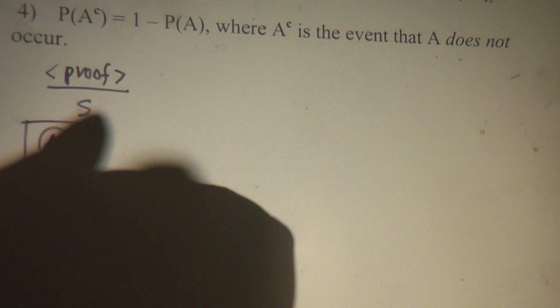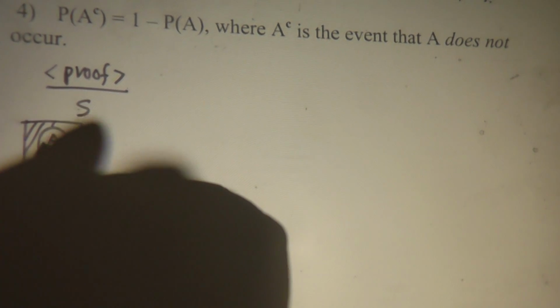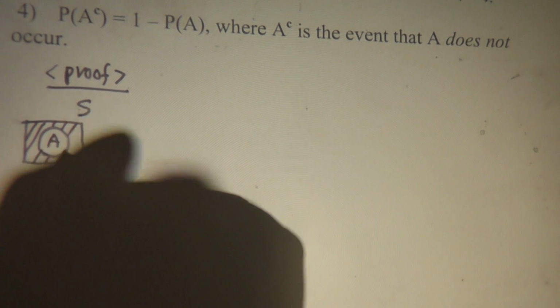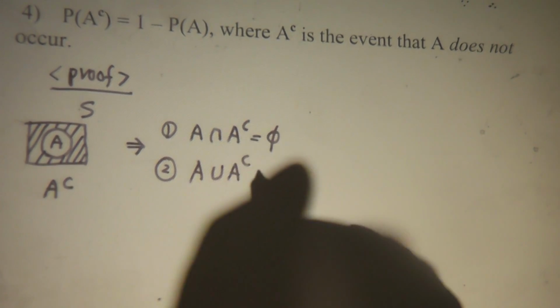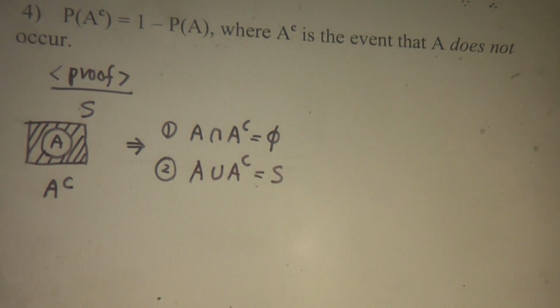This is A, and the shaded area is simply A complement. From this, you can easily find out A and A complement share nothing in common, but A together with A complement gives us the whole sample space.